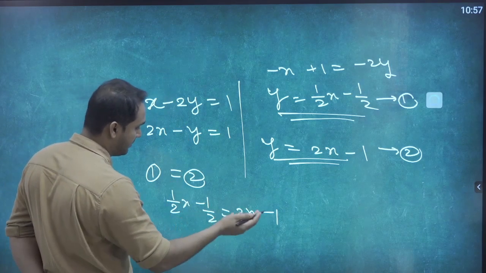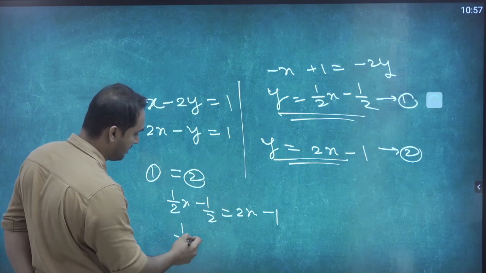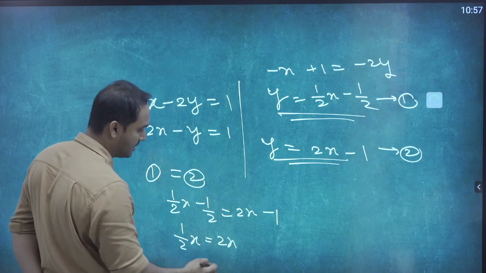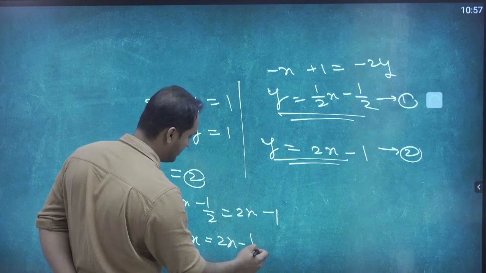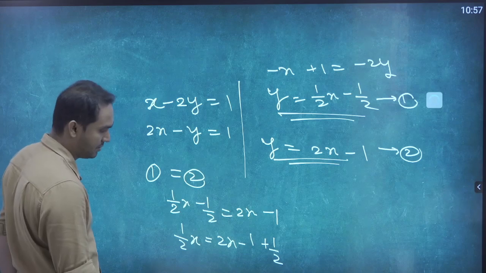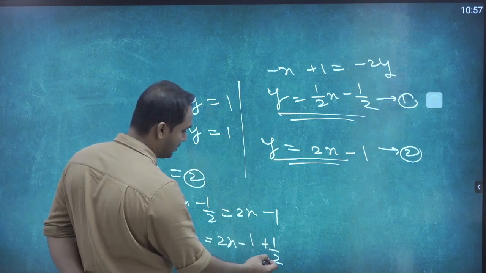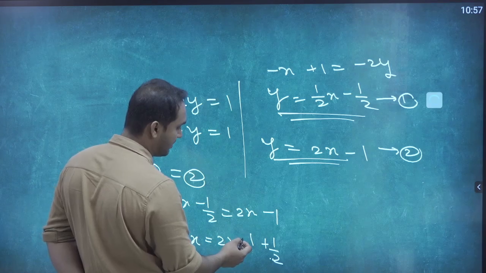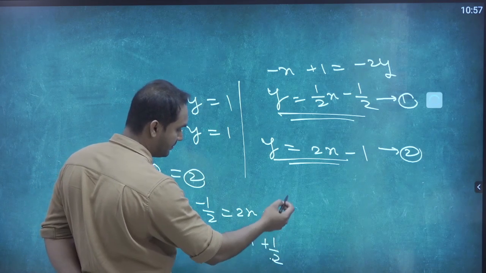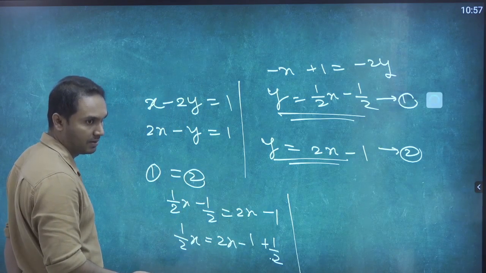Minus half goes to the other side, it becomes plus half, so half x equals 2x minus 1 plus half. 2 into minus 1 is minus 2, minus 2 plus 1 is minus 1.